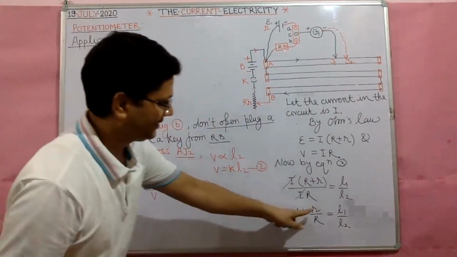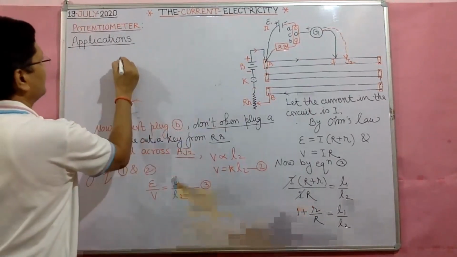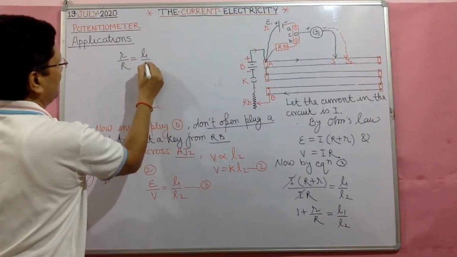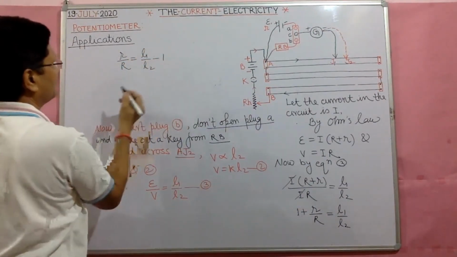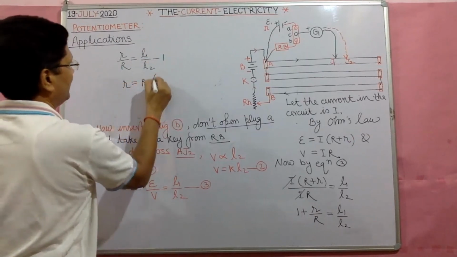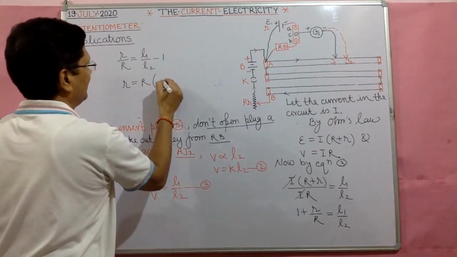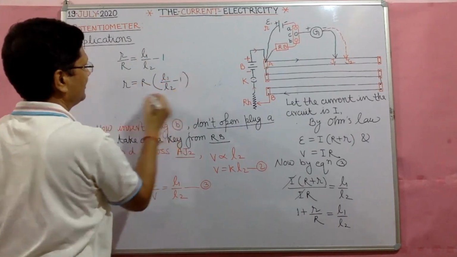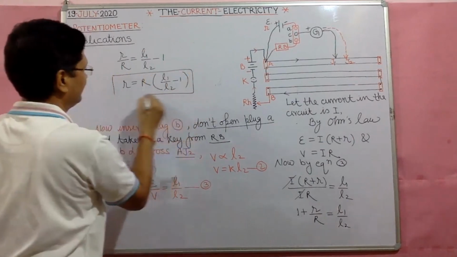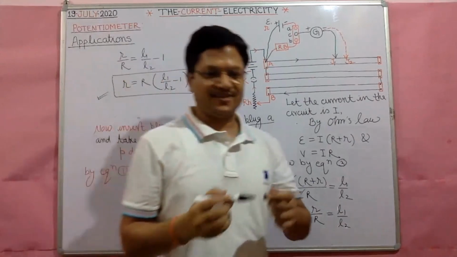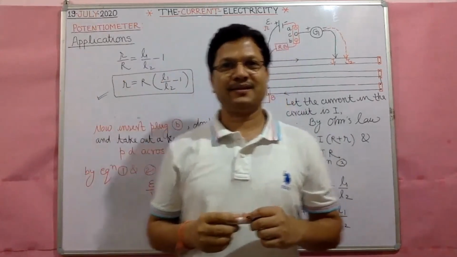We have to find small r. So small r upon capital R is equal to L1 upon L2 minus 1, or r is equal to R (L1 upon L2 minus 1). So this is the internal resistance of the given primary cell.